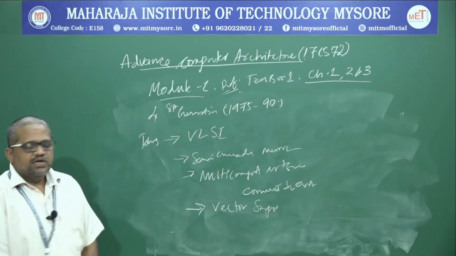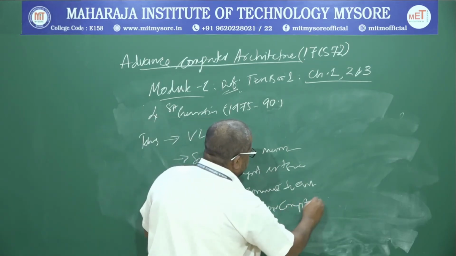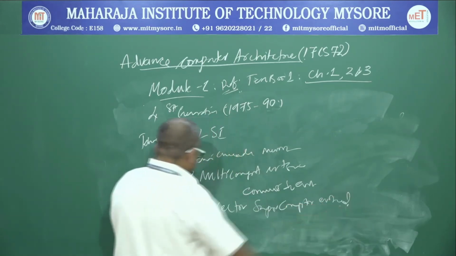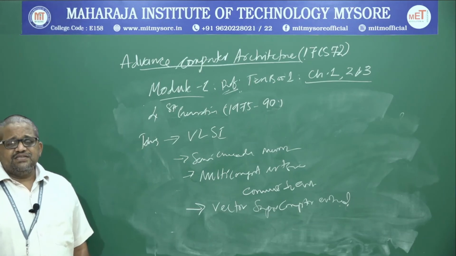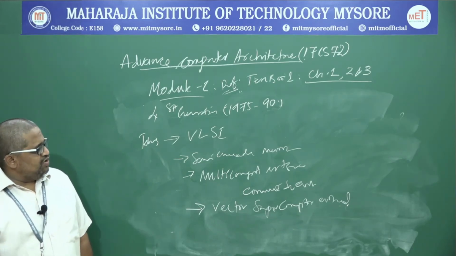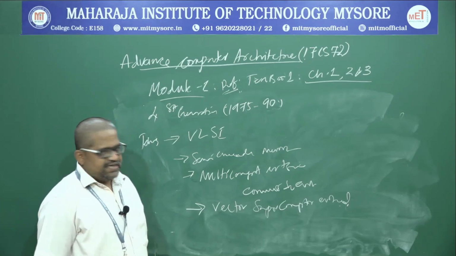Vector supercomputers started to evolve, right? Now, this is with respect to the technology. What it can do, as I said, is run multiple applications, and multiple users are supported, right?